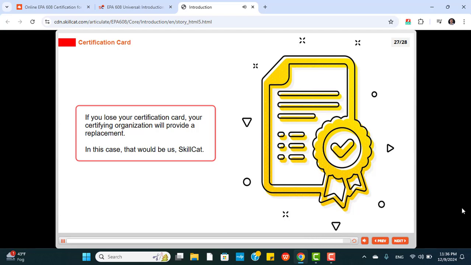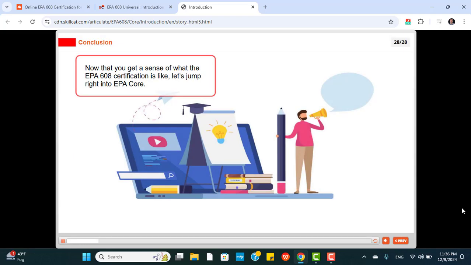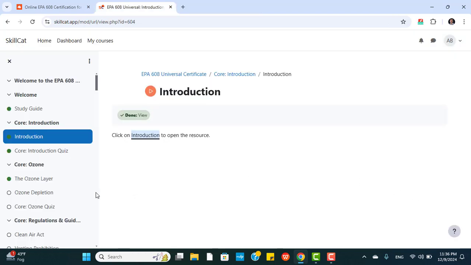Now that you get a sense of what the EPA 608 certification is like, let's jump right into EPA Core. Now we will start EPA Core. Let's finish the quiz first.